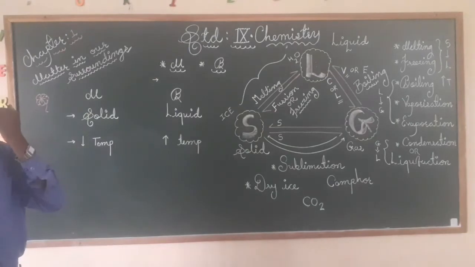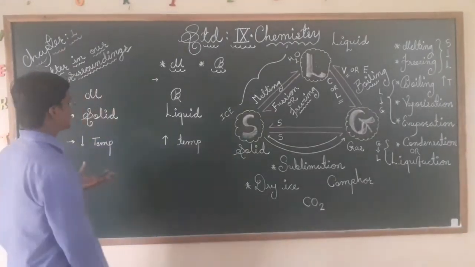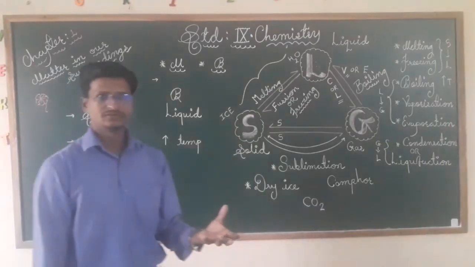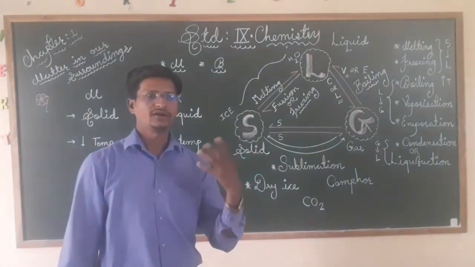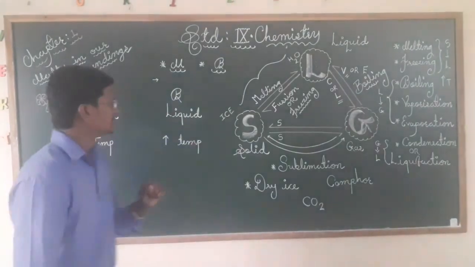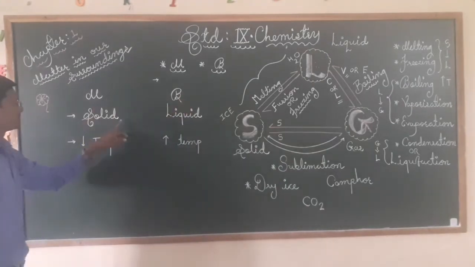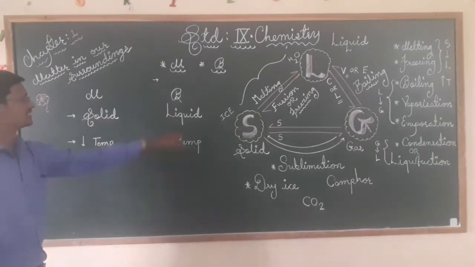Water boils at 100 degrees Celsius. If you take any chemical, suppose alcohol or kerosene, they boil; they do not melt. Remember this. So for liquids we use boiling. Melting we use for solids, with increasing temperature for boiling and decreasing for melting.